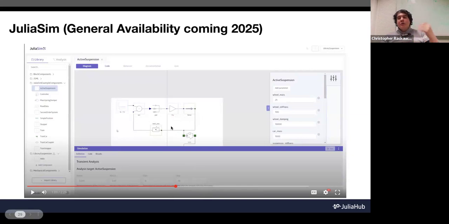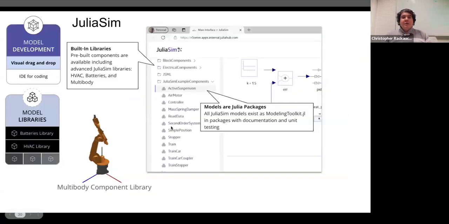It has these graphical user interfaces and these pre-built model libraries that are now targeting specifically aerospace industries and automotive industries, right? And so the key thing there is that the people who are building these models need to have knowledge of how these tools work, but it's a little bit different. Instead of working on the solver itself, the company builds things like libraries for battery systems and HVAC systems and multi-body systems.